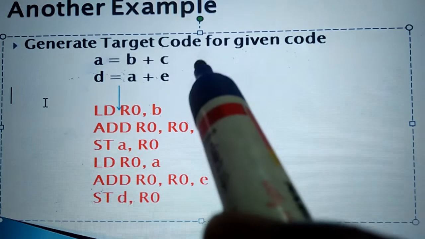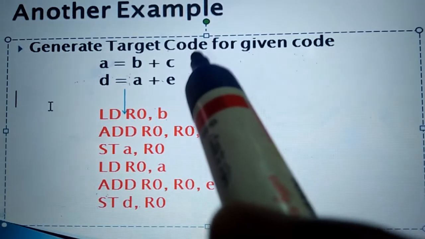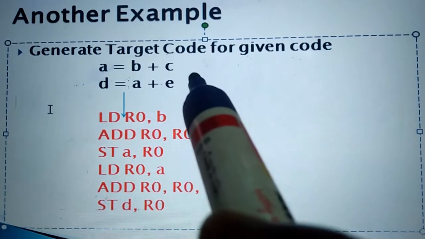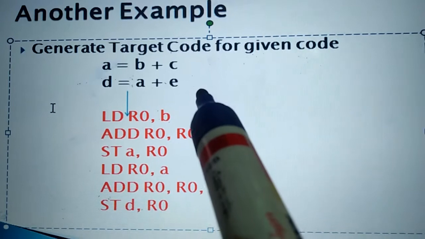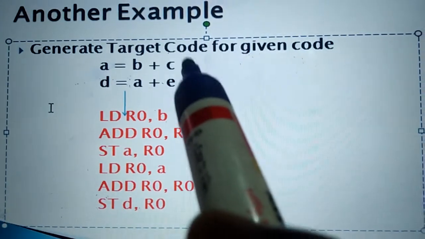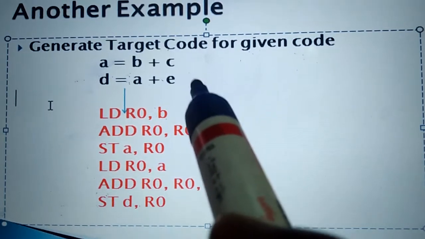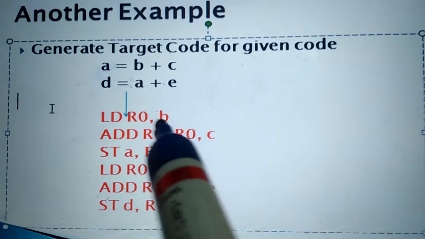Of course this is a 3 address code, and there are no unnecessary steps or instructions in the given code. So directly assuming that these are optimized code, the optimized code is directly fed into the target code.